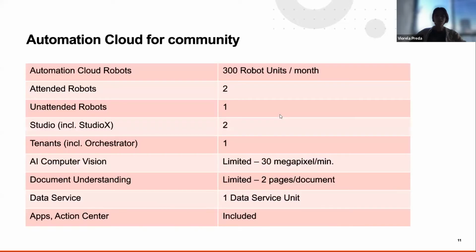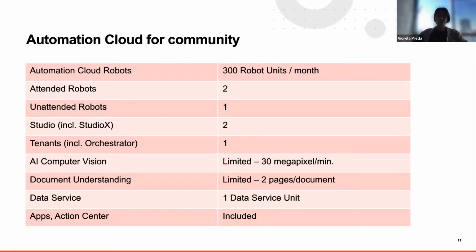So this is with Cloud Robots, and here is a summary of the Community offering that we have today. As I mentioned, Automation Cloud Robots, 300 robot units per month, 2 attended, 1 unattended, Studio, and it includes Studio X, Apps, Action Center, which is displayed as the automation developer SKU, 1 Orchestrator tenant, and computer vision limited to 30 megapixels per minute.